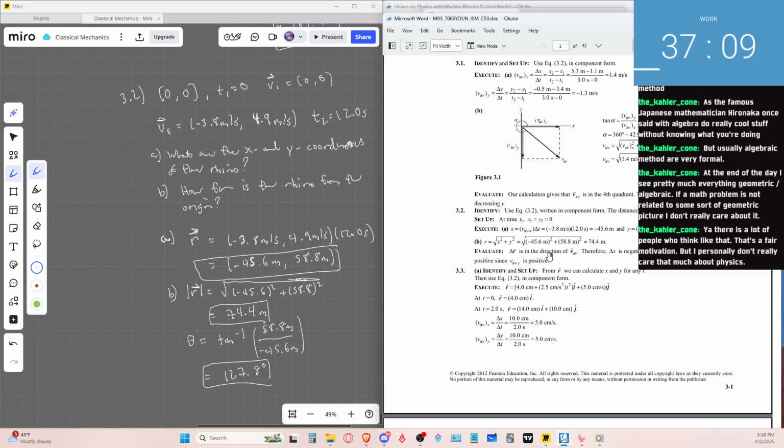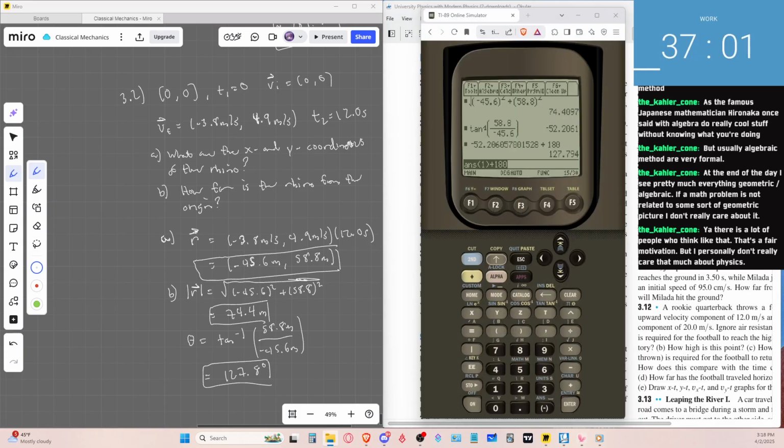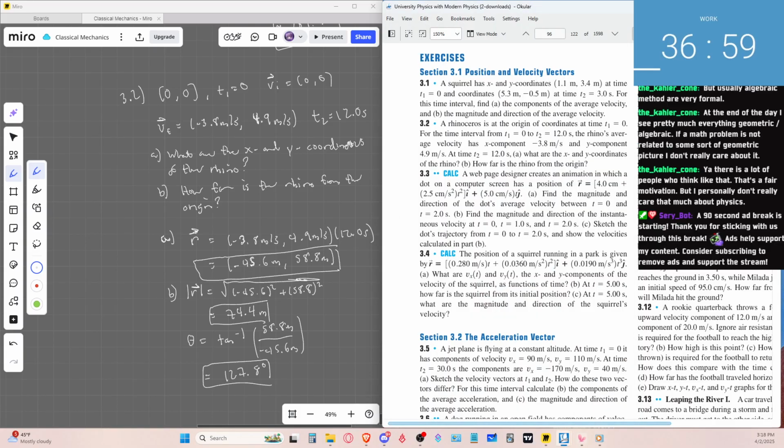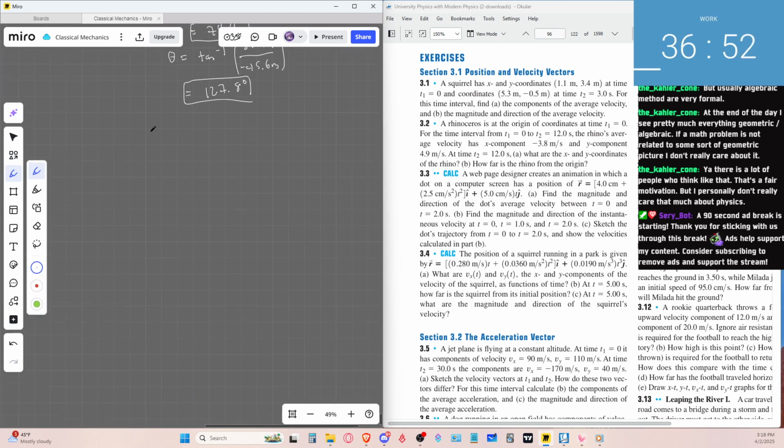Oh wait, evaluate the direction, therefore it is negative, and so it's positive, so it would be in the other quadrant. Okay, I think we got that one down. Cool, at least that answer wasn't wrong. I think they just put the wrong numbers for the first one. That's why it was so weird.